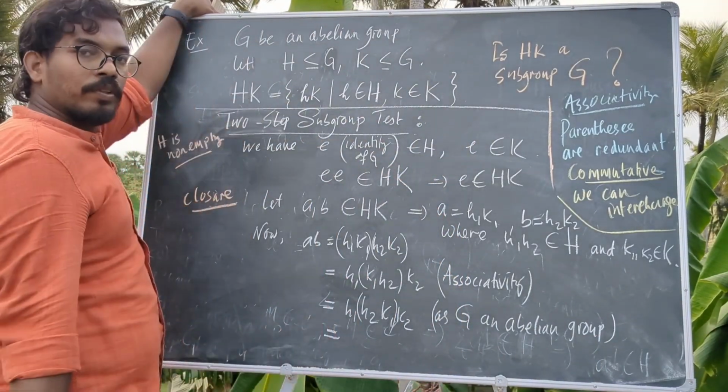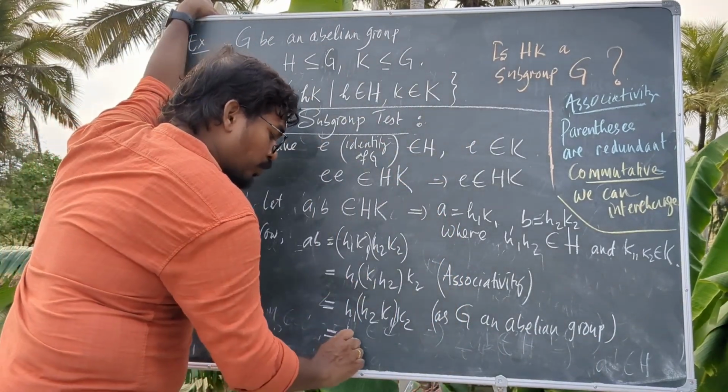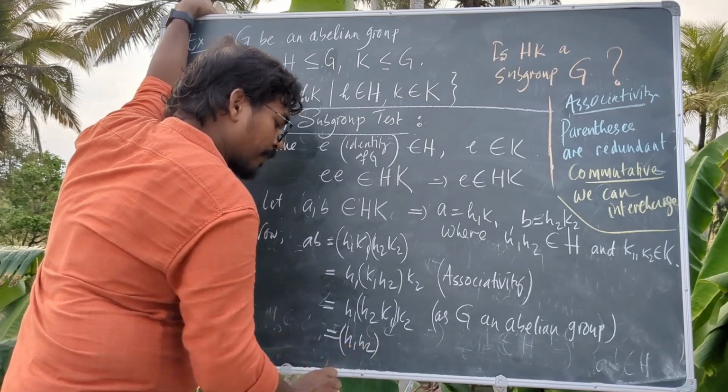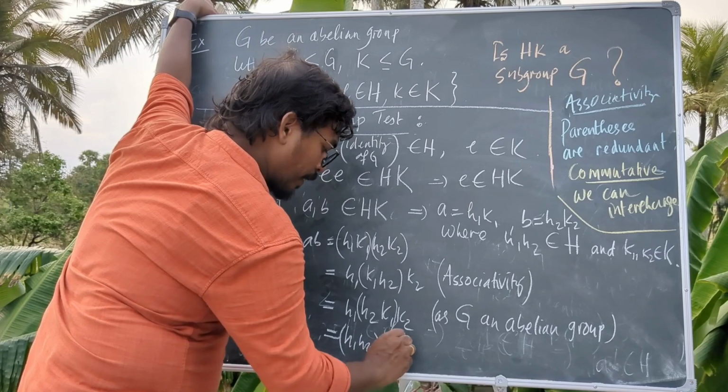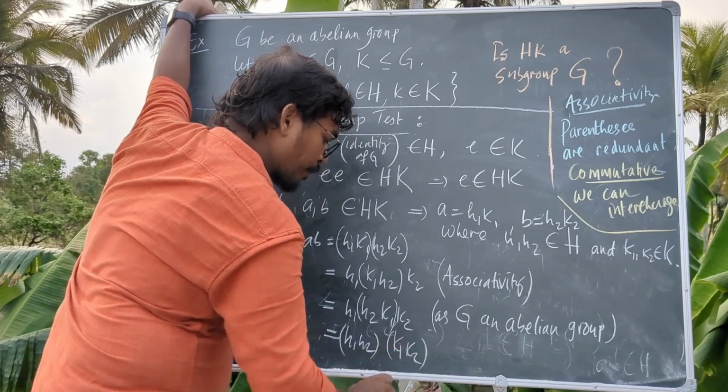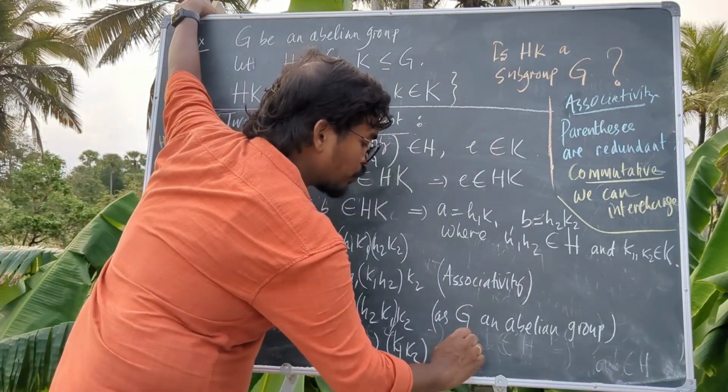So again, by using associativity, I can write H1 H2 and K1 K2.